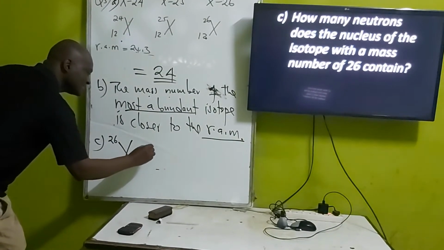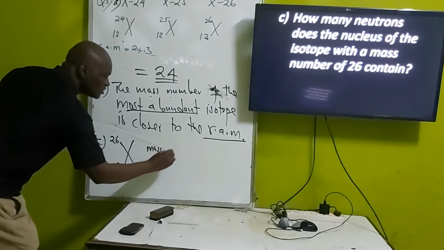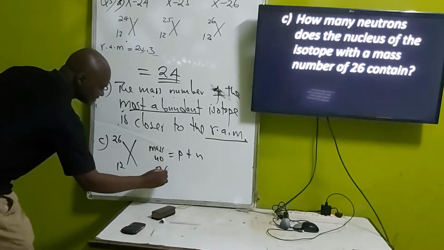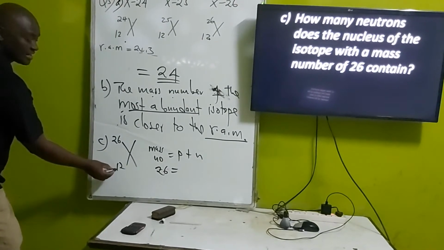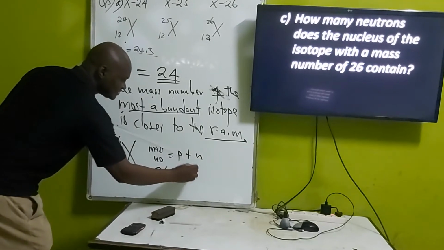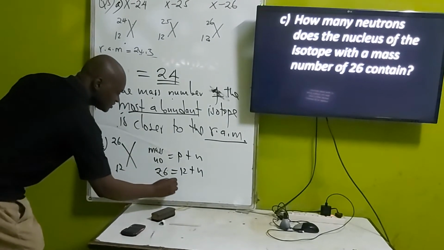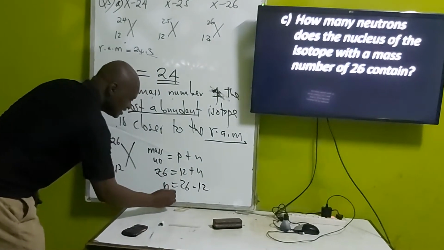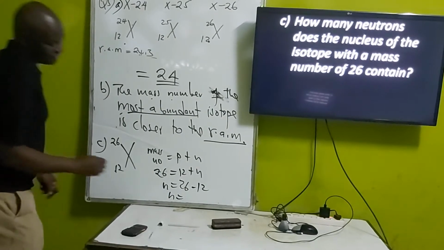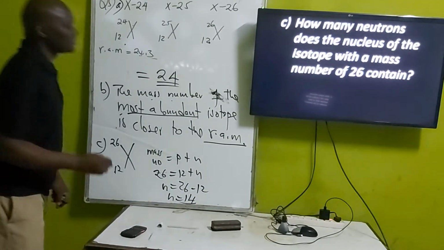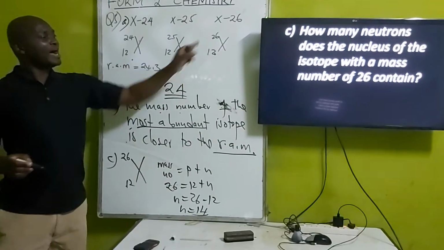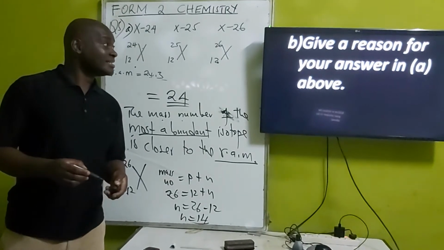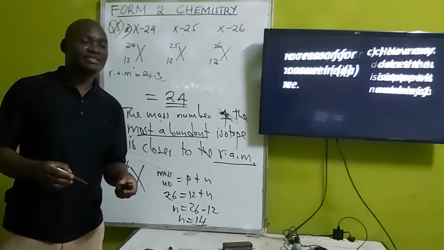So we know that mass number is equal to protons plus neutrons. Mass number is 26. Protons are 12 plus neutrons. So neutrons will be 26 minus 12. Neutrons will be 14. So this isotope has 14 neutrons. We have done that.